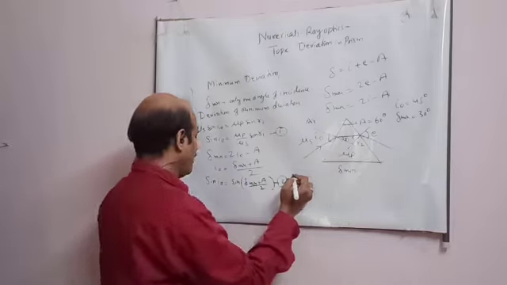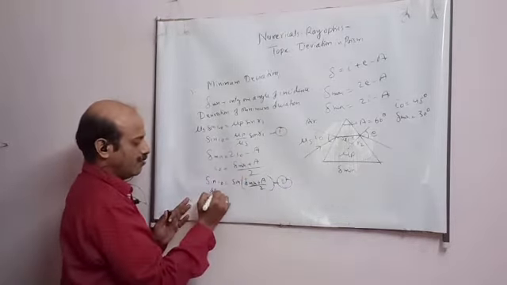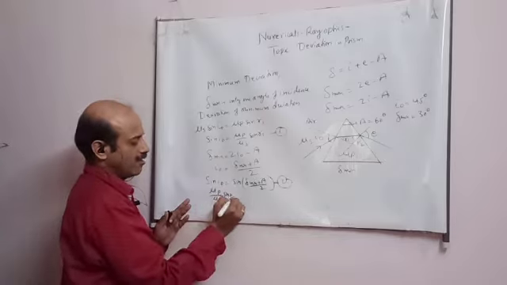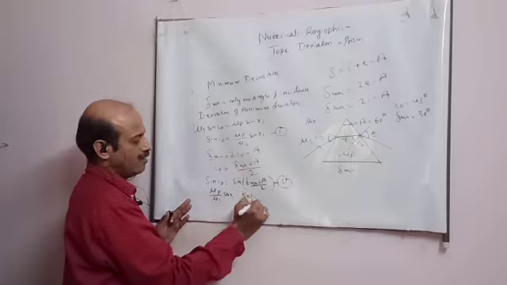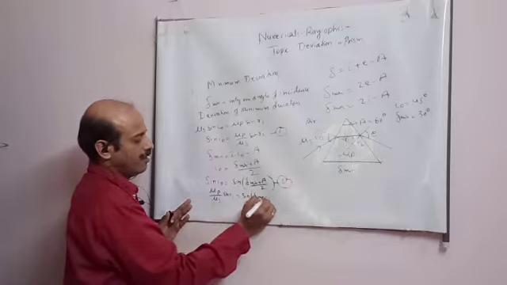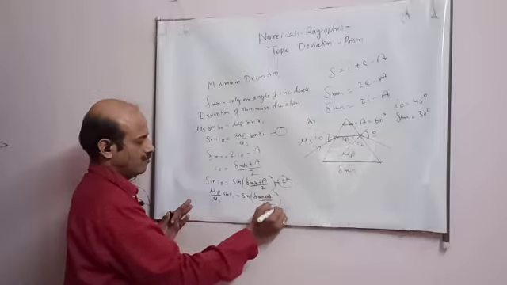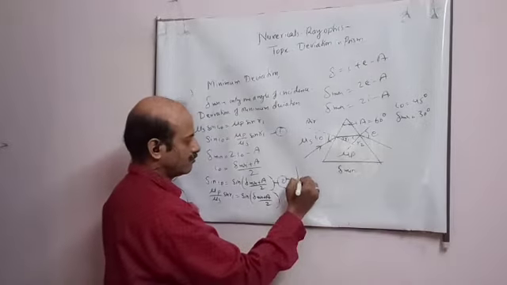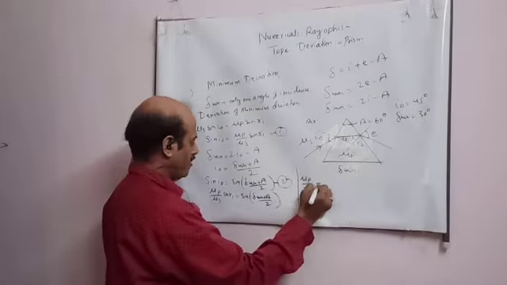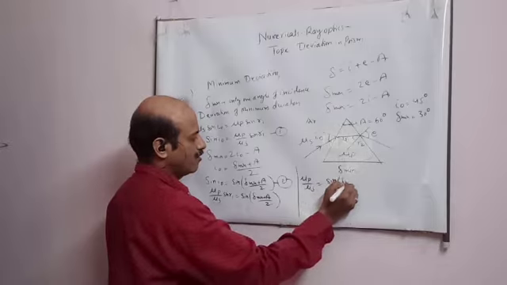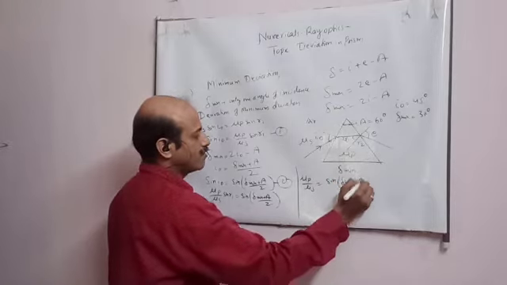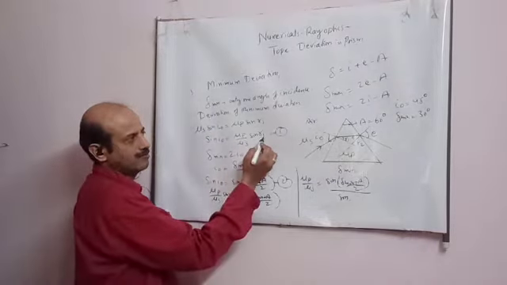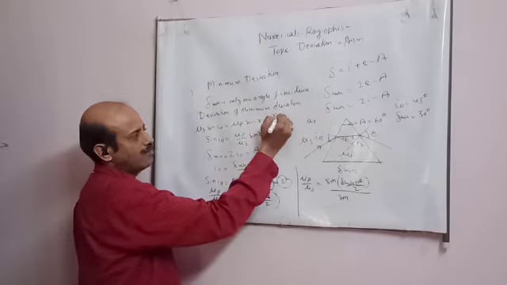So what I will get is mu p, refractive index of prism, upon mu s, refractive index of surrounding, sine R1 is equal to sine of delta minimum plus A upon 2. From here I am getting one formula: mu p upon mu s is equal to sine of delta minimum plus A by 2 upon sine R1, and for minimum deviation, R1 is A by 2.